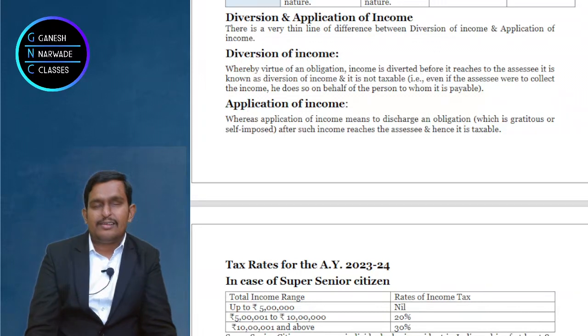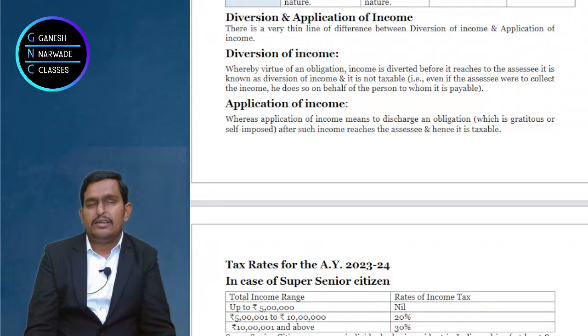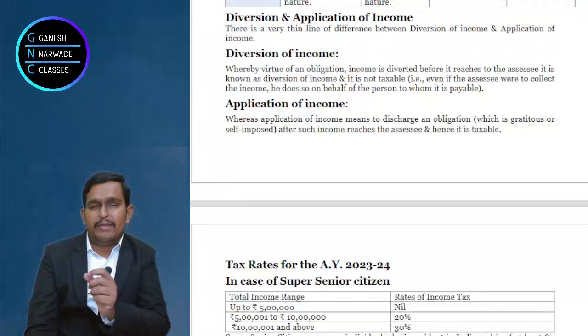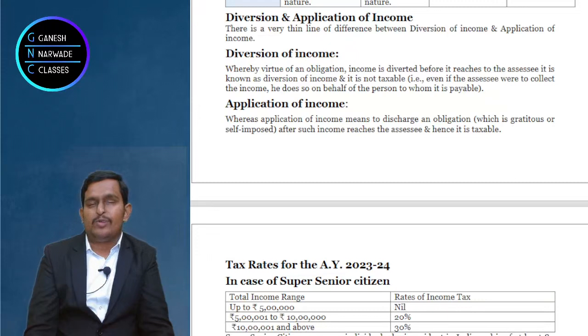Now, what is diversion of income? Diversion of income is a preset obligation based on an agreement or a legal compulsion. For example, there was a partnership between Chunnu, Munnu, Tunnu, 3 people.